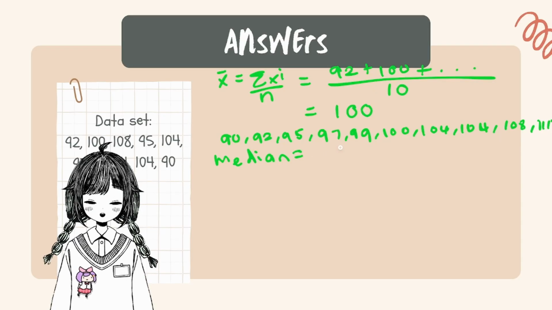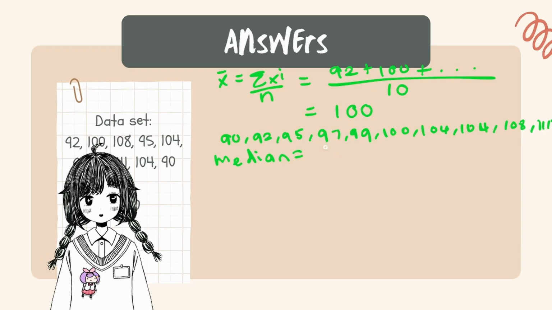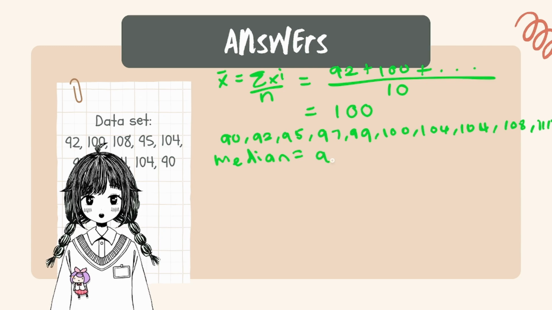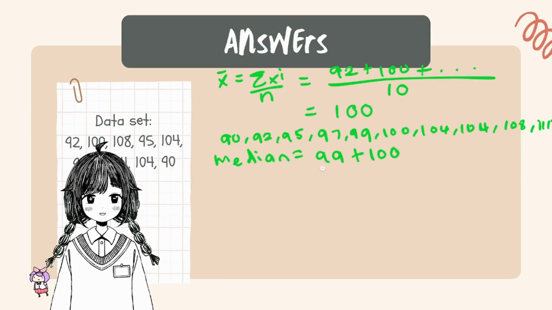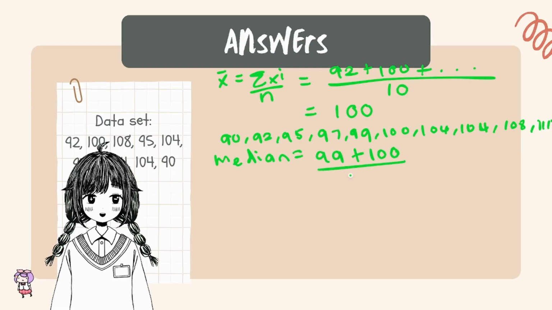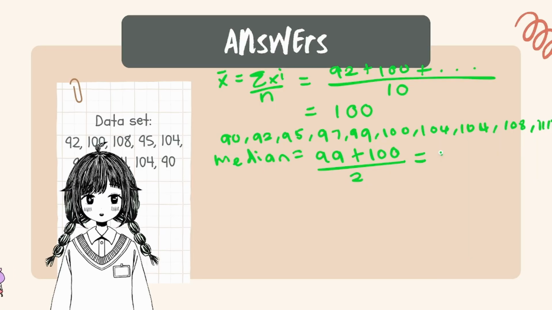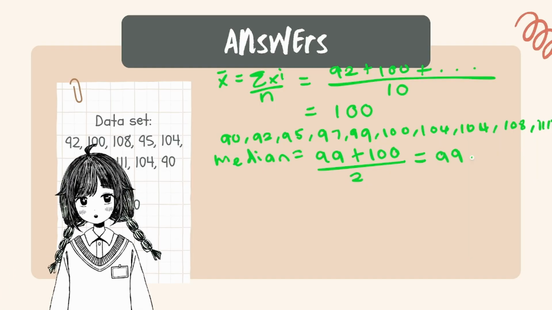Since the data size is 10, it's an even number, so we take both central numbers, which are 99 and 100. So 99 plus 100, divided by 2, and then we get our median, which is 99.5.